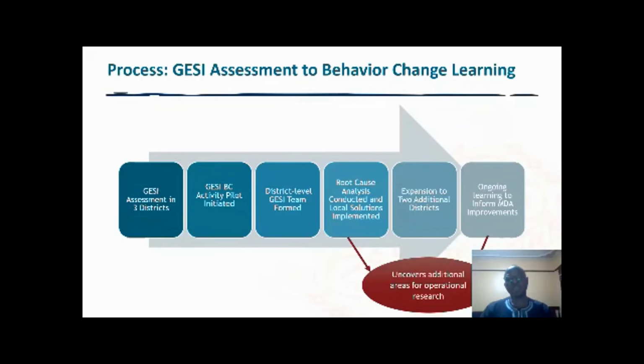The Ministry of Health, with the support from Act East, worked with the national trainers to conduct training for Moroto district stakeholders, and these came from the Health Department as well as the Community-Based Services Department. The training covered NTD and GESI, the connection between the two, and at the end of the training, a district GESI team was formed to coordinate GESI integration into NTD response in the district.